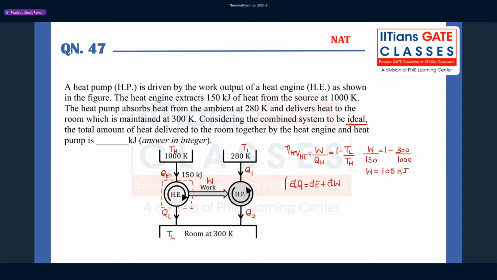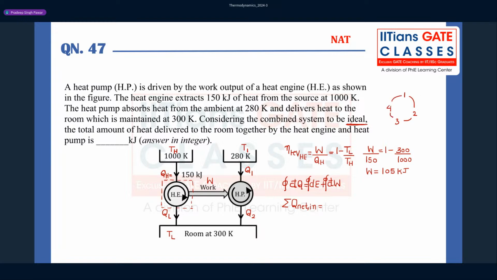Once you apply it to the cycle, you do a cyclic integral here. It will finally convert into the summation of net heat coming inside the system. Now, what happens in a cycle? The working fluid undergoes a cycle. It starts from state one, goes to state two, moves to state three, then state four, and comes back to state one.